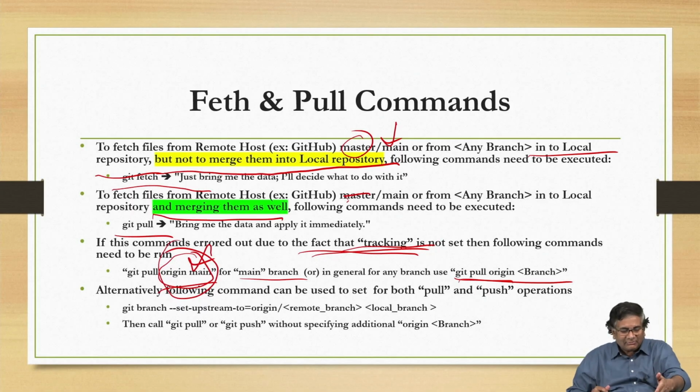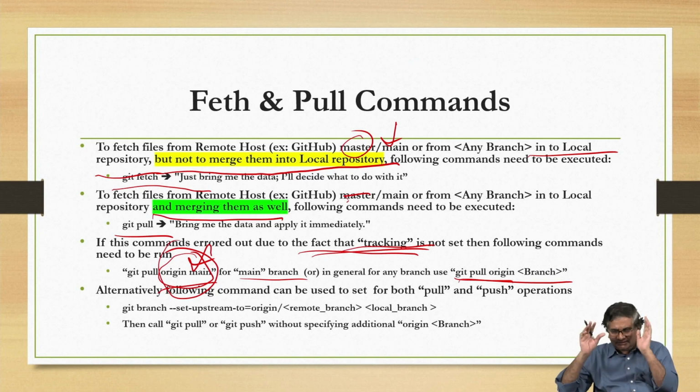I'm going to talk about the tracking command in a second. Once the tracking is set, you don't have to call git pull origin main or git pull origin branch X. You just say git pull or git fetch. That will take care of it. That means you are making it remember, okay, this is the branch. Whenever I say git pull, use main as the branch and get the stuff.